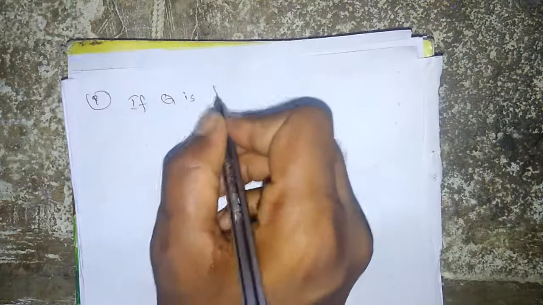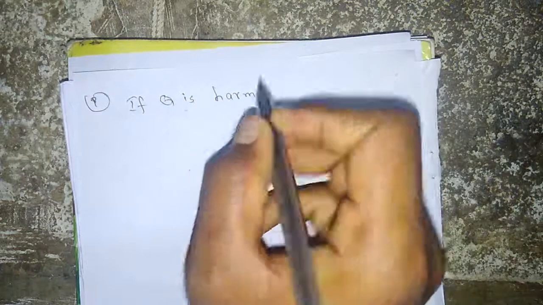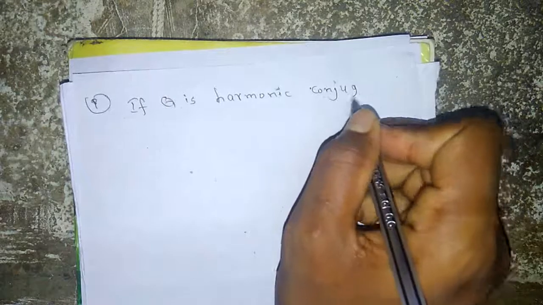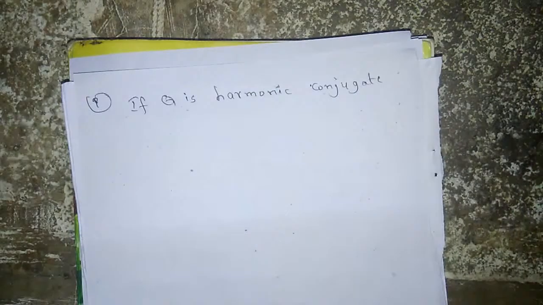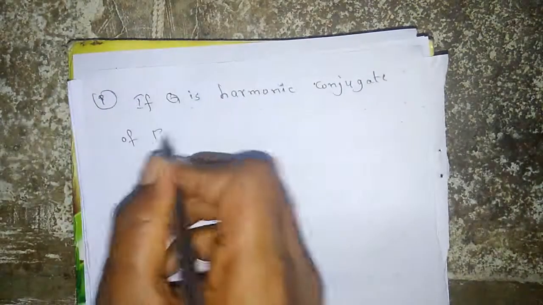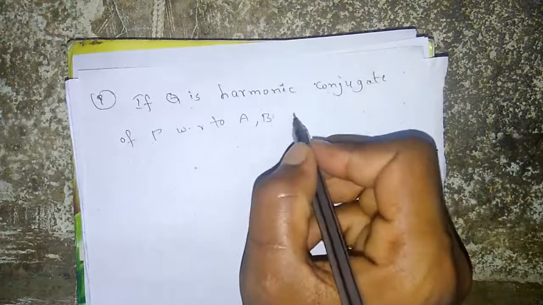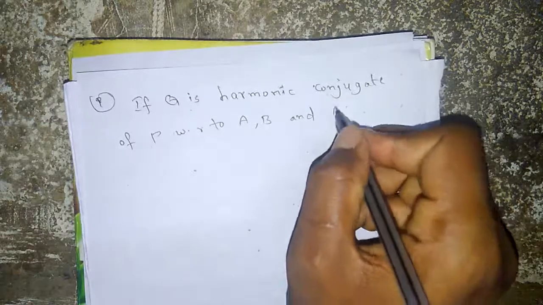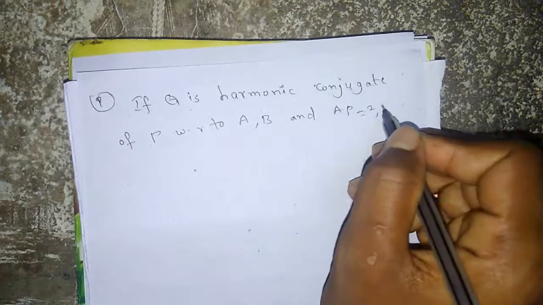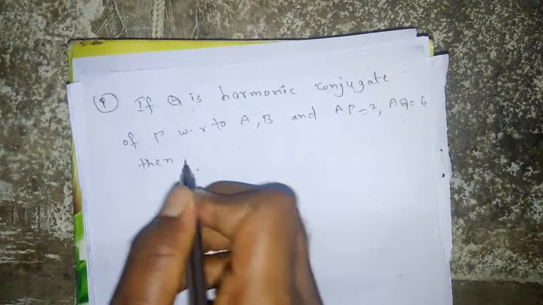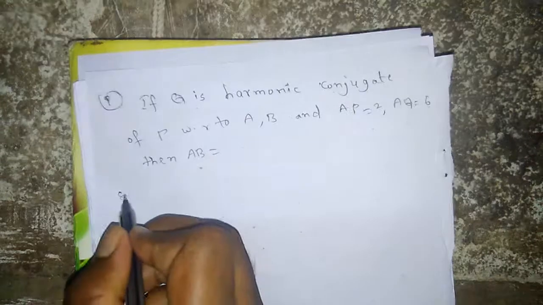Let us do an example problem. If Q is the harmonic conjugate of P with respect to A and B, and AP is equal to 2, AQ is equal to 6, then AB is equal to?